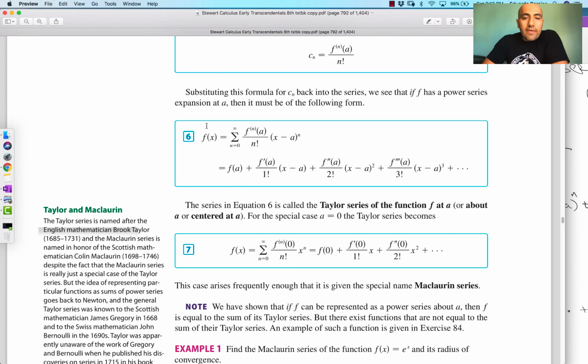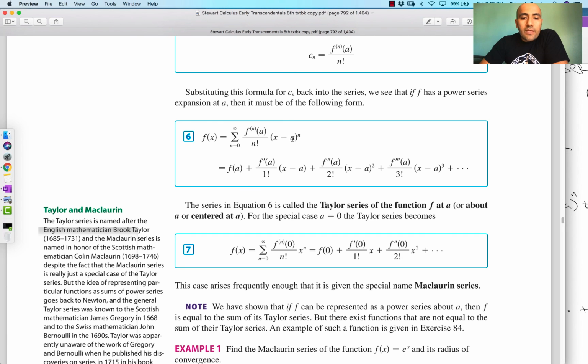Okay, so this is called a Taylor series of the function at a, or about a, or centered at a. So this number 6 here is called a Taylor series. A special subset of the Taylor series expansion is something called a Maclaurin series. A Maclaurin series is just a Taylor series where it just so happens that a is 0.